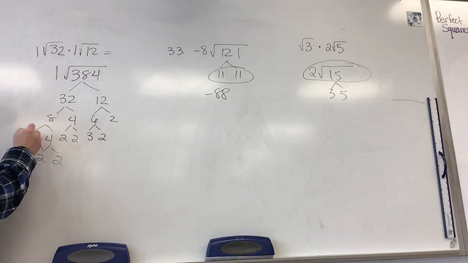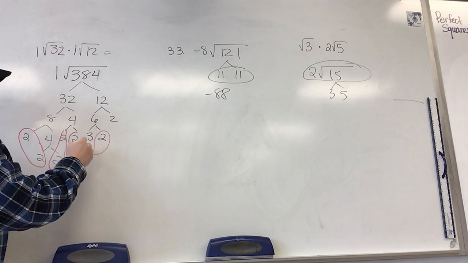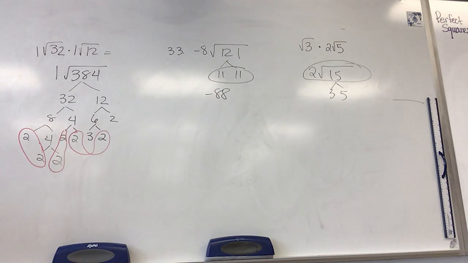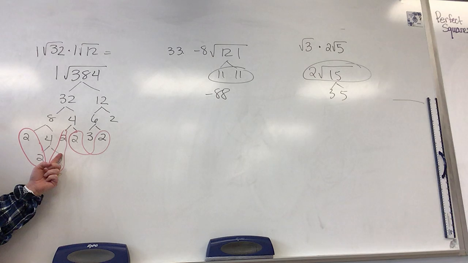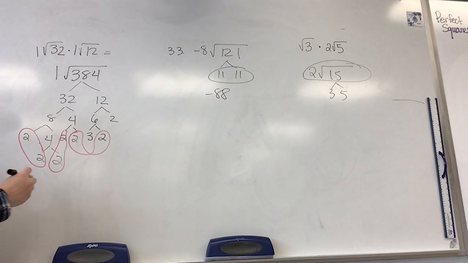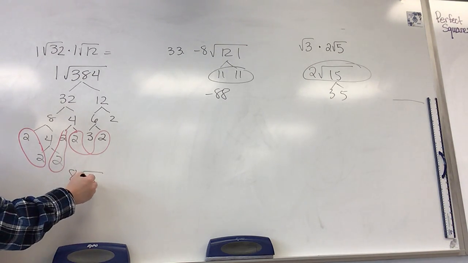So we go, here's a pair, and there's a pair. It doesn't matter how they're coupled, you just got to count them in pairs. So a 2 comes out, a 2 comes out, and a 2 comes out. What's 2 times 2 times 2? 8. And then what's left? Who doesn't have a partner? 3.